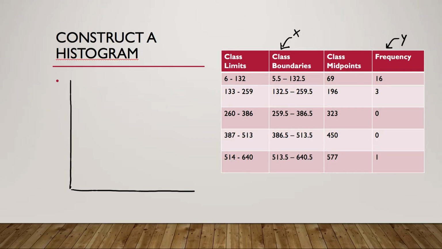All right, so when I go to mark my boundaries off, I'm going to equally space my tick marks. I don't want to repeat any of the boundaries. So I'm going to begin with placing a tick mark here, and I'm going to write the first boundary underneath that tick mark, so 5.5.